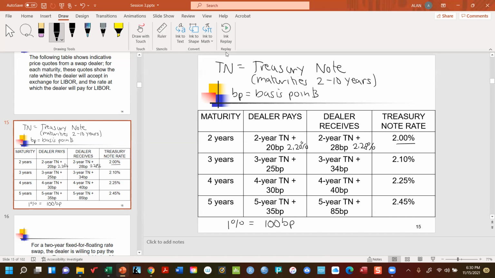It's the 2-year Treasury note rate plus 20 basis points. 20 basis points would be 0.2%, 28 basis points is 0.28%. So you can see on every transaction, they're making a profit of 0.08% or 8 basis points. That's their profit. In other words, this is the only reason they're willing to do these trades with you, because they expect to make money. That's it.